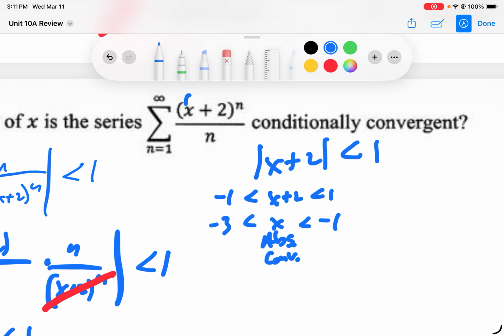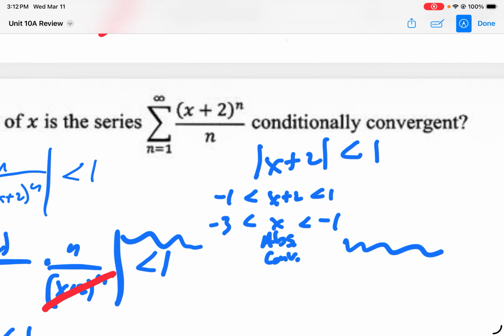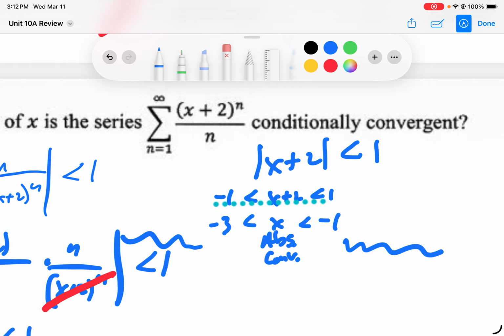Plug in 0 right here. 0's not in between, that's embarrassing, but if I plugged in 0, that's still helpful. 0 plus 2 to the n would be 2 to the n over n. That diverges by the nth-term test. So any number outside this region, that series is going to diverge.